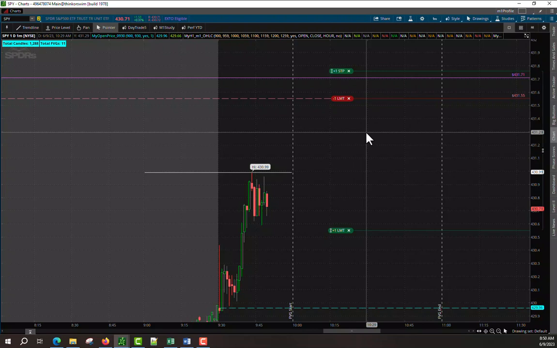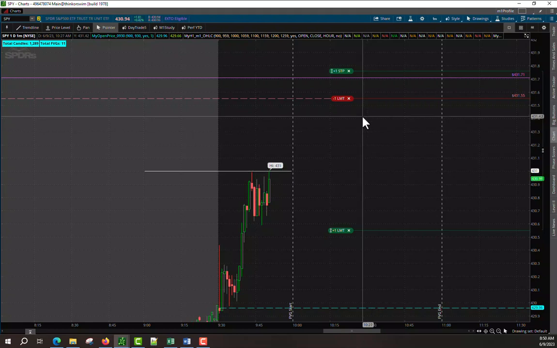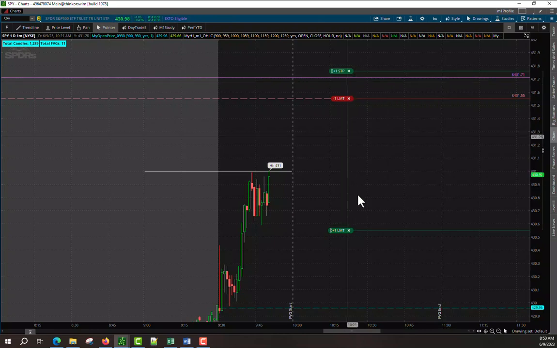So we risk about less than 20 cents. No, 16 cents. Yeah, only 16 cents, less than 20 cents right there.